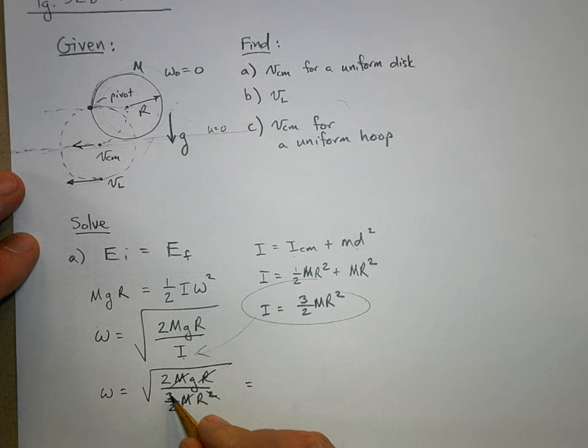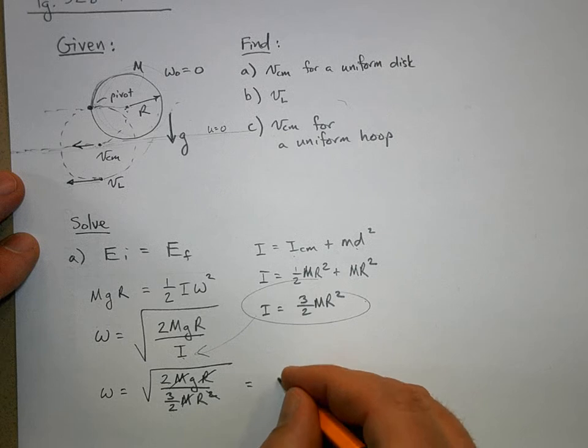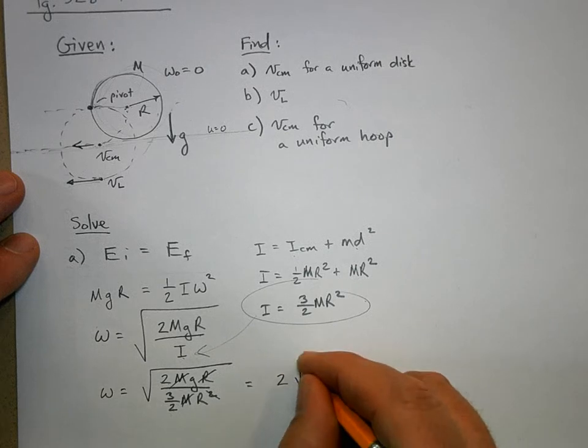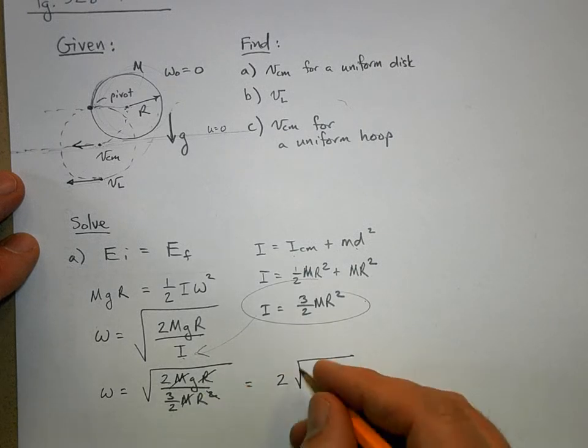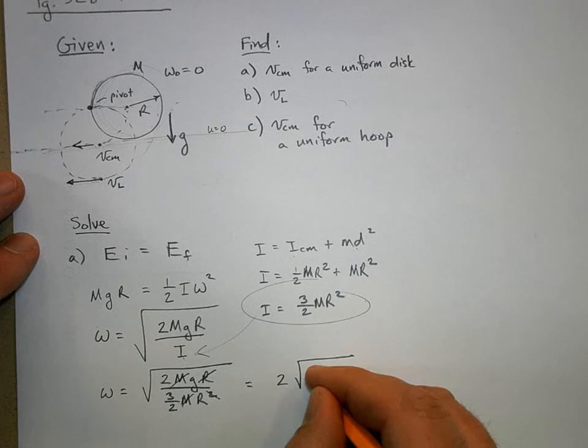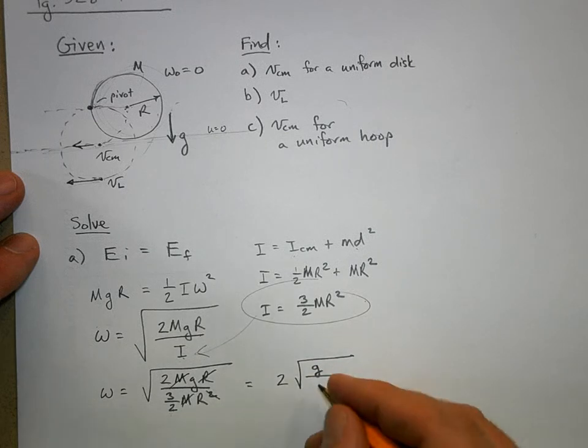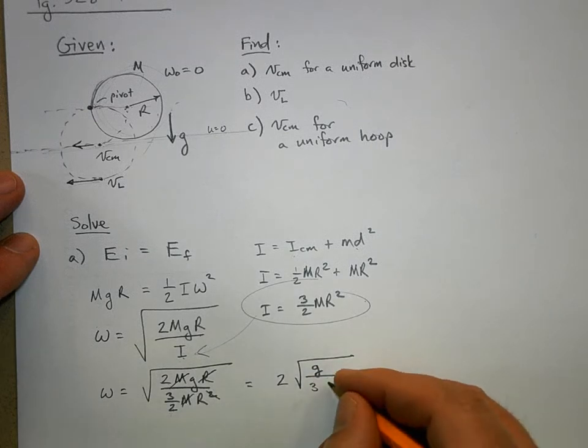Now here we have 3/2, let's reciprocate and multiply. We have 4. 2 times 2 is 4. Square root of 4 is 2. Times the square root of g over 3r. Did I leave anything out?